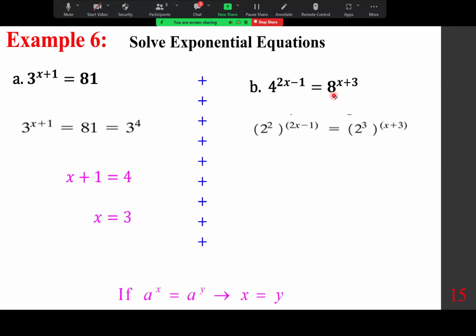Now, the exponent for 2 on the left is 2 times 2x minus 1. The exponent for the 2 on the right is 3 times x plus 3, and those must be the same.